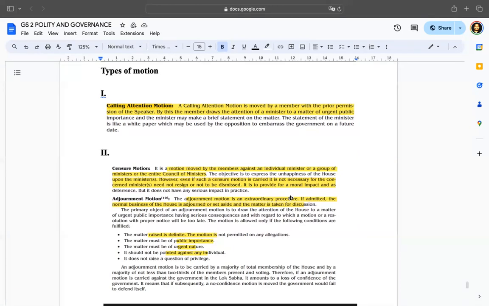But this is also mostly associated with the ministers, because the privileges of a minister is much more broader, wider and comprehensive in comparison to a normal MP.